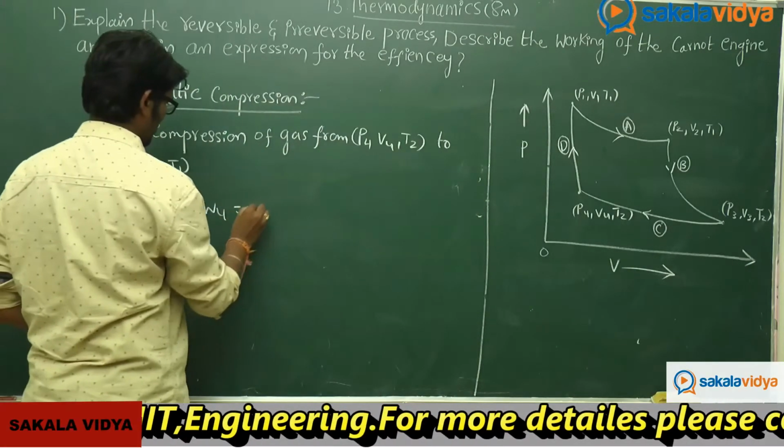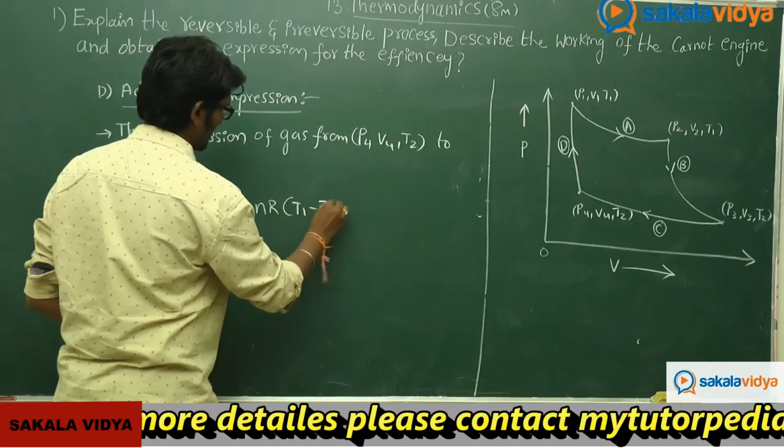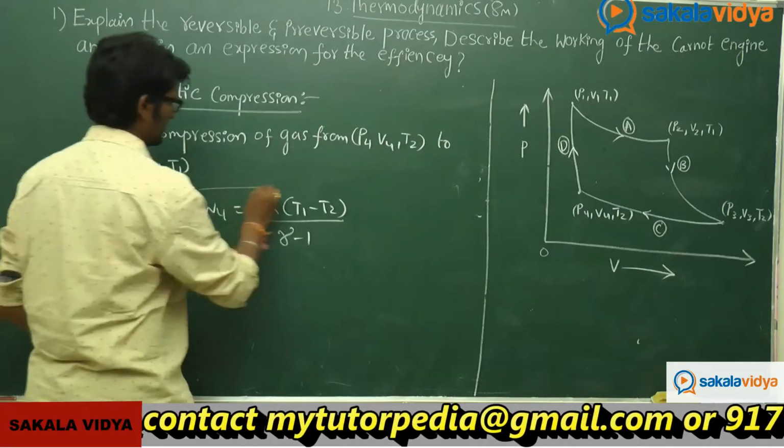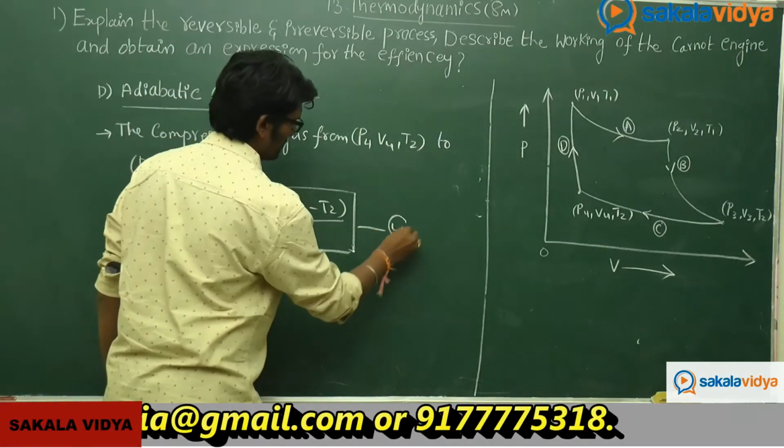W4 is equal to nR times (T1 minus T2) by (gamma minus 1). So let us assume this as equation 4.